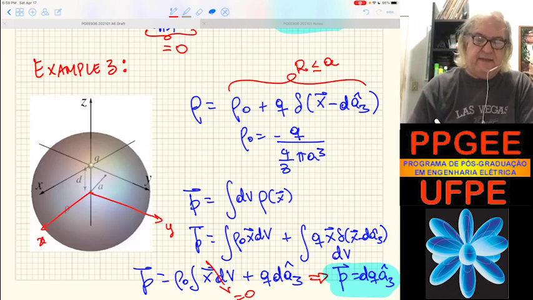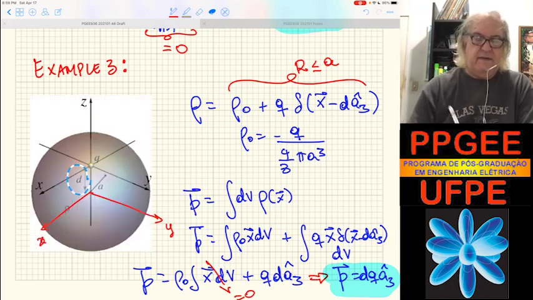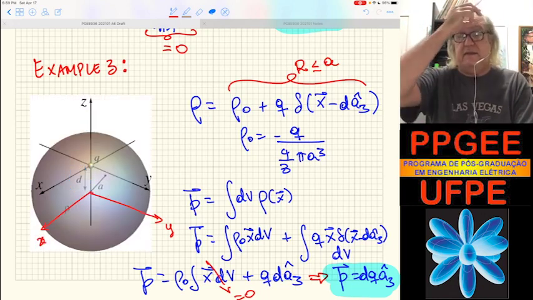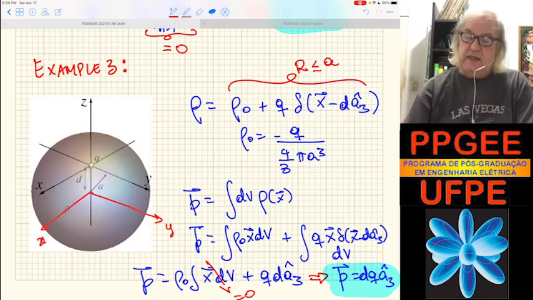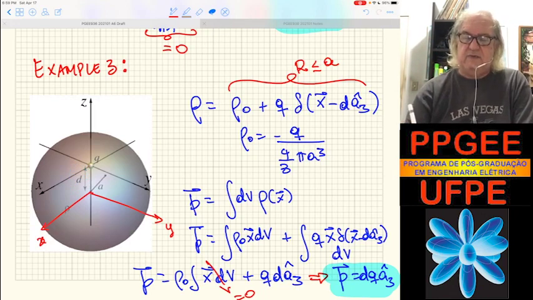So it means that the positive charge is displaced by a distance d from the center of the sphere. So now we have a density that can be written in this form.